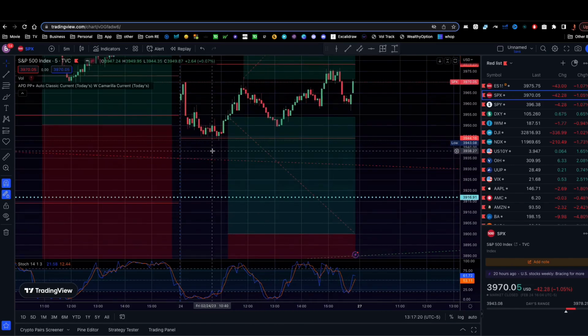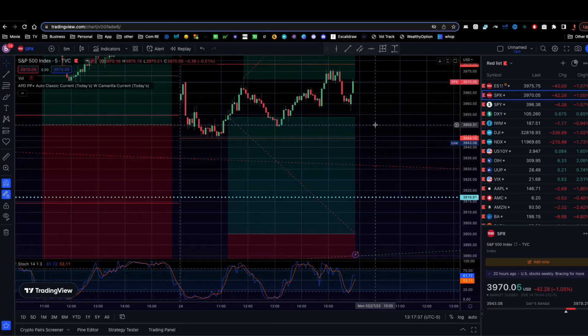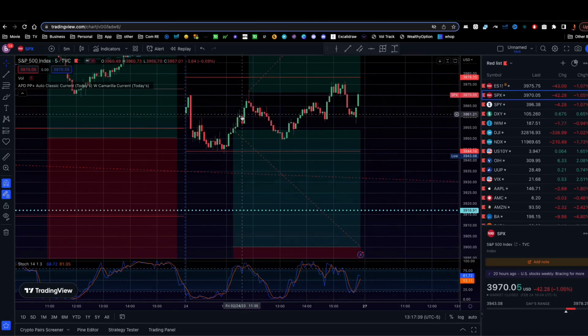So here we got lucky and we did identify the low of the day, which was actually right here. Once I saw this low get rejected, I saw the stochastics come into range, went ahead and placed a put spread trade down here, way down here, and the market continued up. And that's exactly what you want to see when you place a put spread.